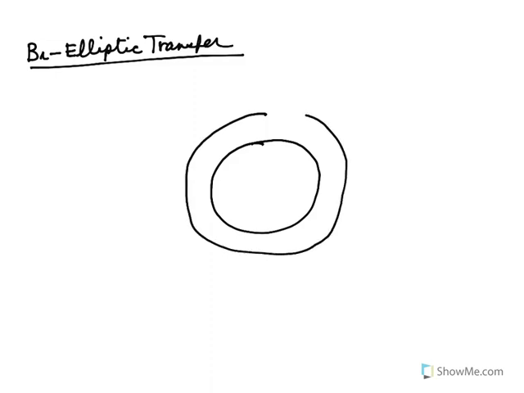In the process of doing this transfer, the first delta V, this is why it's called the BiElliptic transfer, which I'm going to refer to as delta V1, puts you on a transfer ellipse. So this is the first transfer orbit that is larger than the radius of the second orbit.